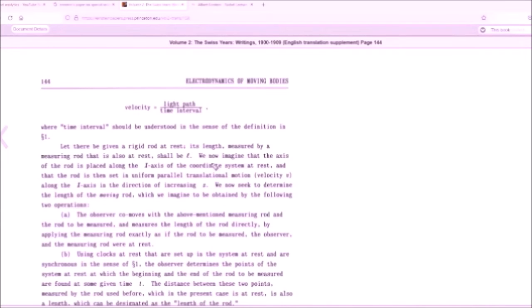On page 144, here's where things will go wrong for Einstein. The velocity of light, which he assumed has to be constant, equals the path the light took. In this case, he defines the path in an awkward way between event A and event B. He defined the time path: you go from A to B, assuming you started here at time t, and you arrived here at time tb.